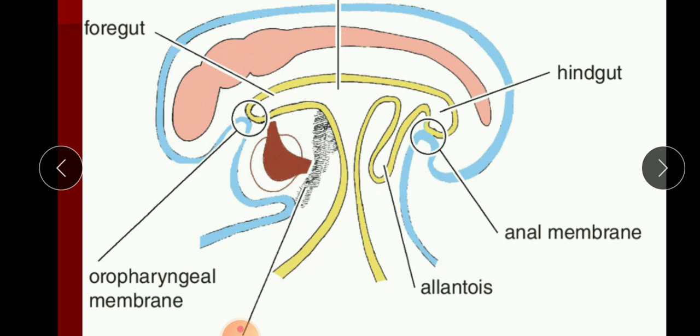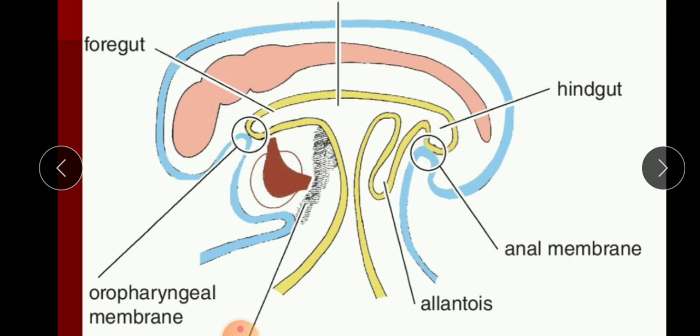So this buccopharyngeal membrane separates the primitive gut cranially from the stomodium, and caudally, not posteriorly, you find the membrane termed the cloacal membrane. That cloacal membrane will separate the hindgut from the outer part termed the proctodium.